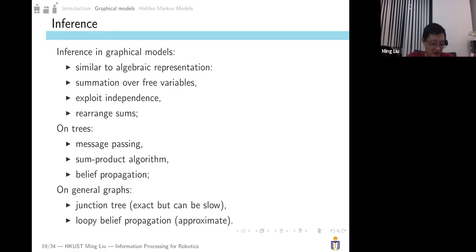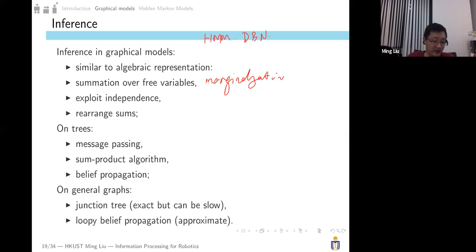This is called marginalization, or using total probability. And we want to exploit the independence and rearrange the sum for quick computation. That happens the same for all inference, for both graphical models and this algebraic representation. But we will give some quick examples when we come to models like HMM or the dynamic Bayes network.